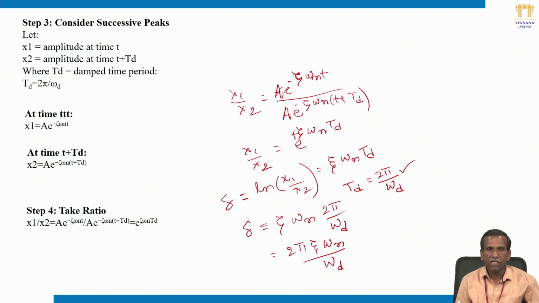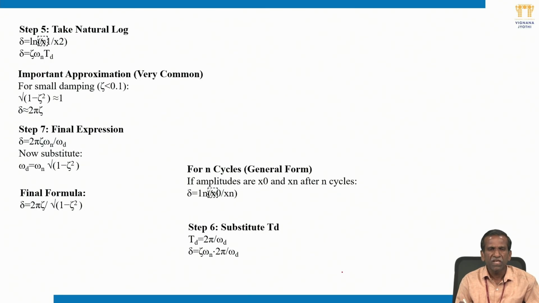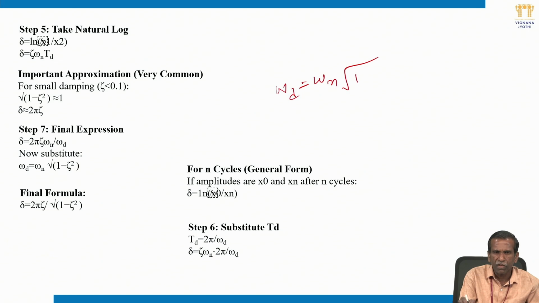You have seen the relation between omega d and omega n while taking the displacement solution and substituting. That is omega d equal to omega n times square root of 1 minus zeta square.